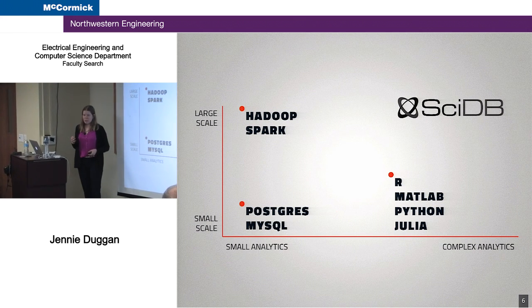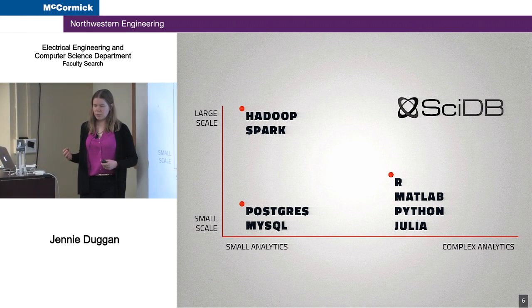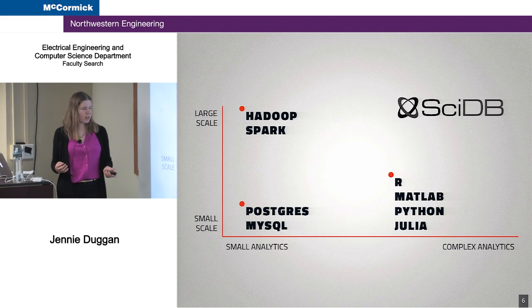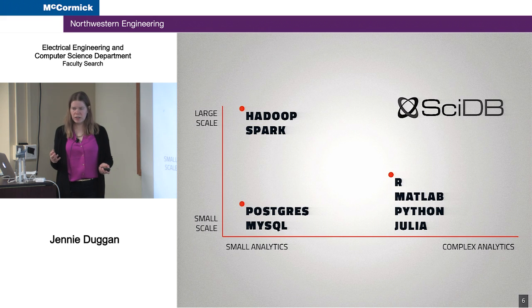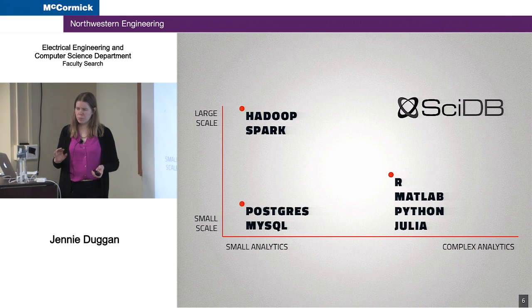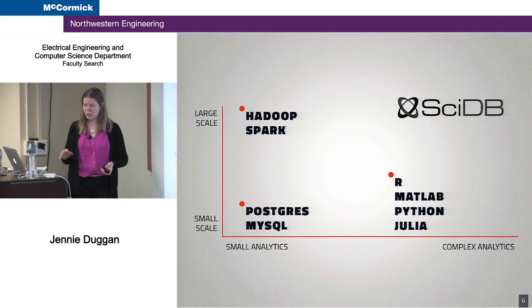So let's talk about how we solve these problems right now. If you have very simple data and you're only performing straightforward analytics such as averaging your data or selecting a subset, then you might use Postgres or MySQL. These are standard relational solutions. And if you need to scale out, people often turn to Hadoop or Spark, which are great for massively parallelized execution, but geared for more embarrassingly parallel applications where there are limited dependencies among the data.